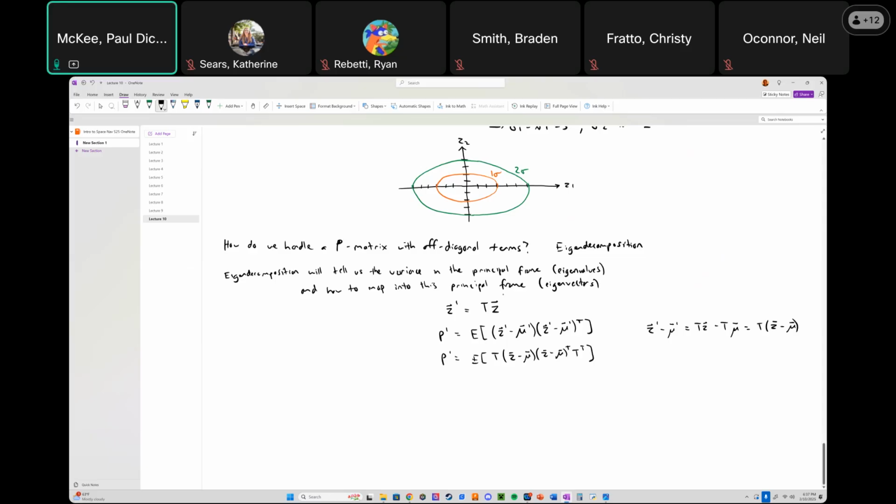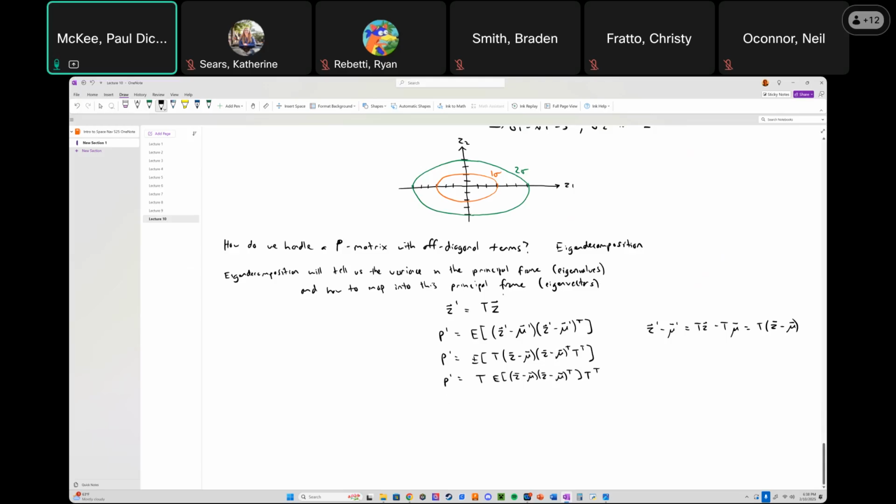But remember that the expected value operator only applies to the things that are random. And this matrix, this T, this attitude transformation matrix, is not random. So you can move it outside. You could say that it is T, expected value of (z minus mu)(z minus mu) transpose, T transpose. So the T moves outside. But now, isn't the expected value of (z minus mu)(z minus mu) transpose just P?